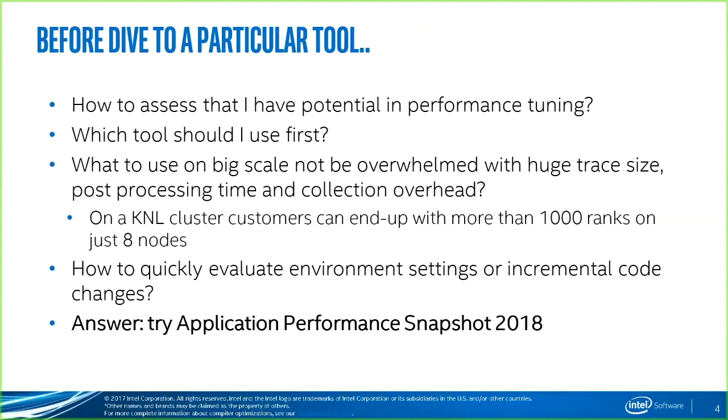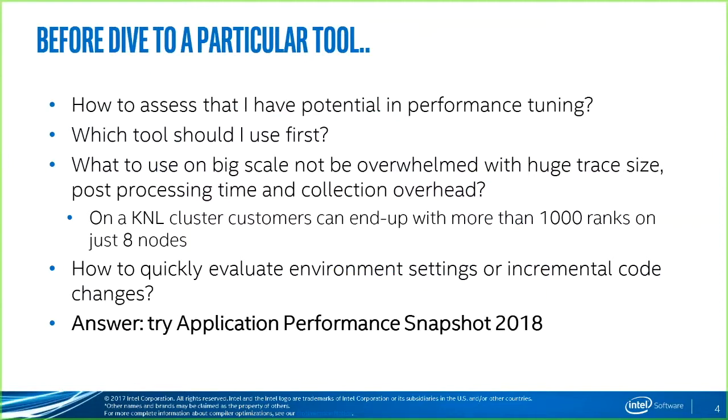It's not a secret that even Intel Trace Analyzer and Collector will not work on big scale. I'm not talking about VTune and Advisor, but even for ITAC it might be a problem. Just on a KNL node, we might end up with more than 100 ranks.